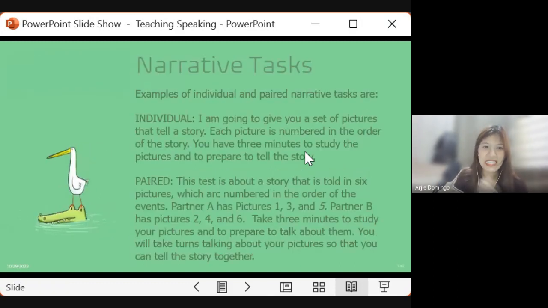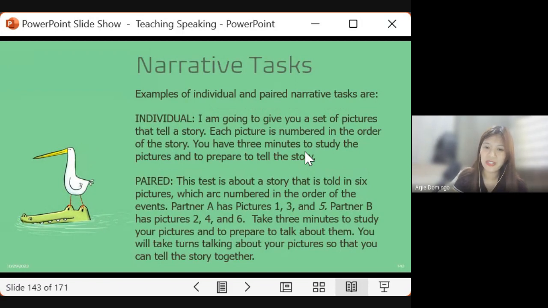So here's an example of a narrative task that you could give to students. But of course, as you could see, we have a variety of tasks that we could use to assess our students' speaking skills. So later, we will be doing these tasks too.